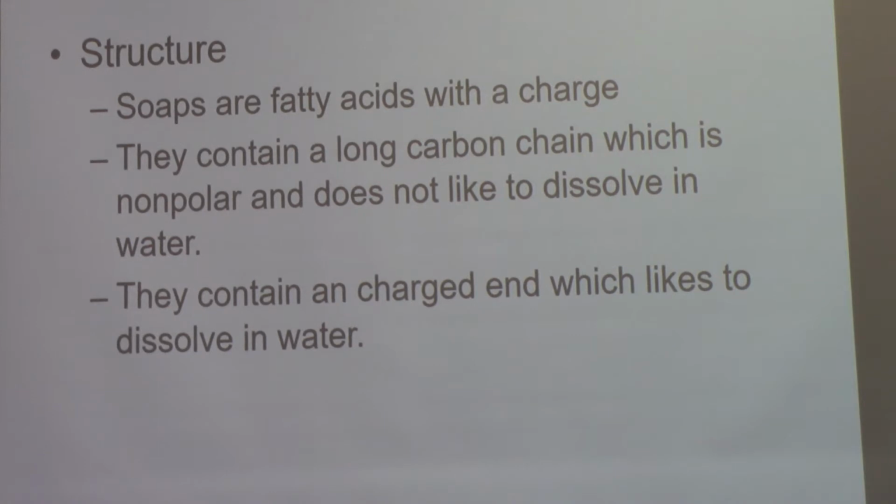The polar part will interact with water through dipole-dipole interactions. The nonpolar parts will not interact with water and will interact with each other really well through London dispersion forces.